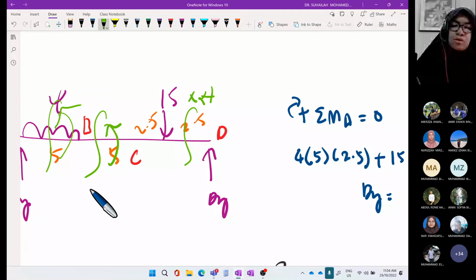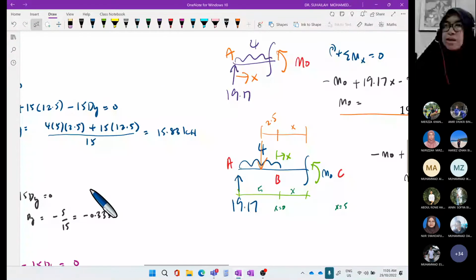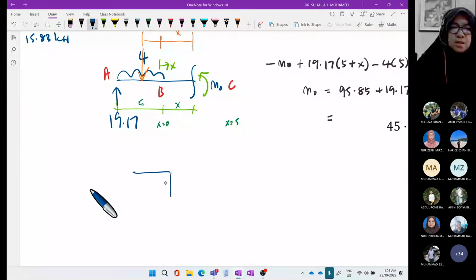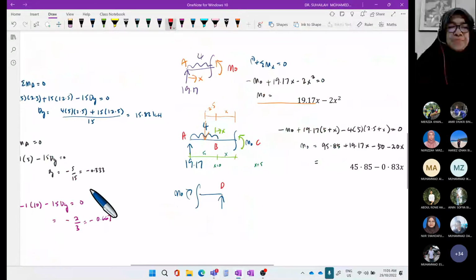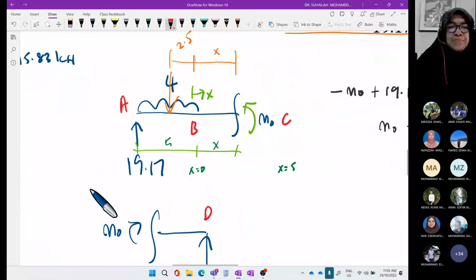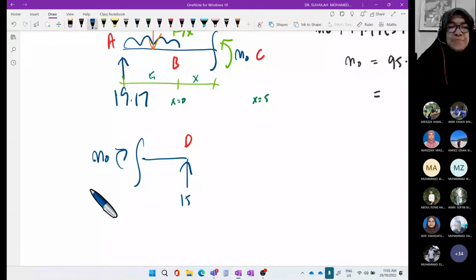So we have this is M naught, this is D. What is the value here, DY? 15.83, right? So this is X. So M naught is 15.83x.